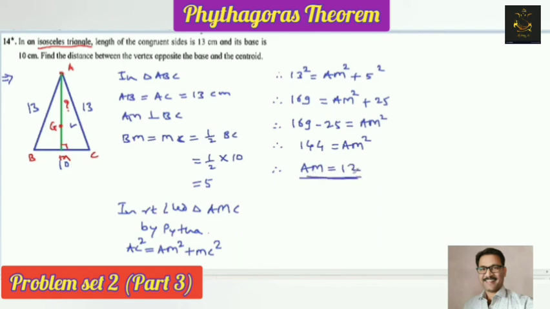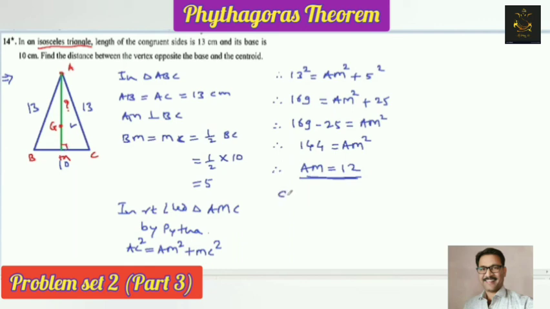Remember friends, this is not our answer, but we studied in 9th standard that the centroid divides each median in the ratio 2:1. So here in the isosceles triangle, AM is what? Median also, altitude also, perpendicular bisector also, and angle bisector also.